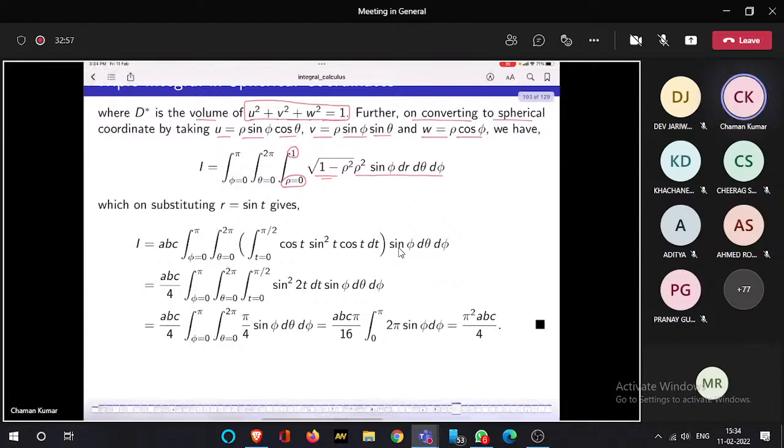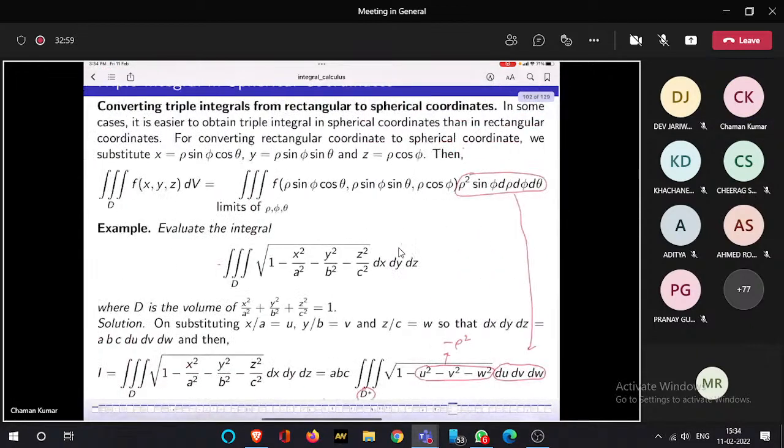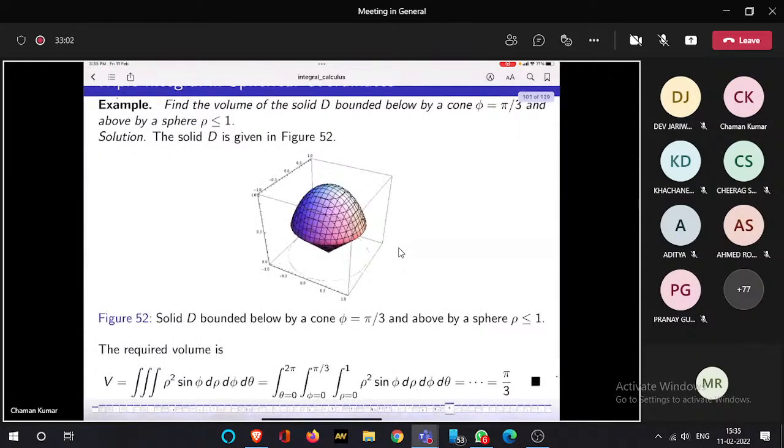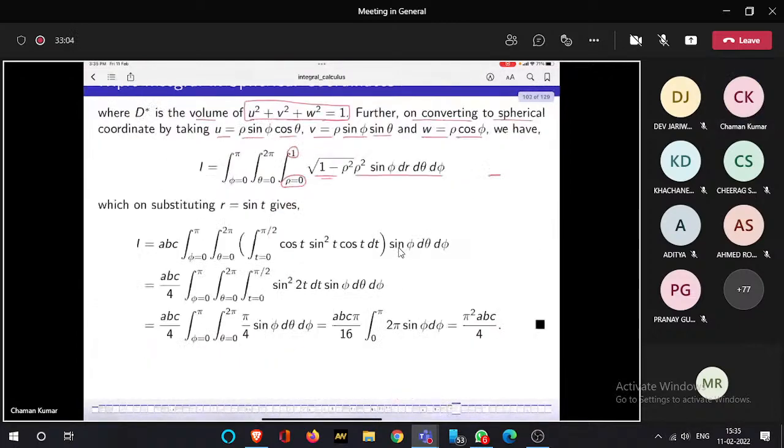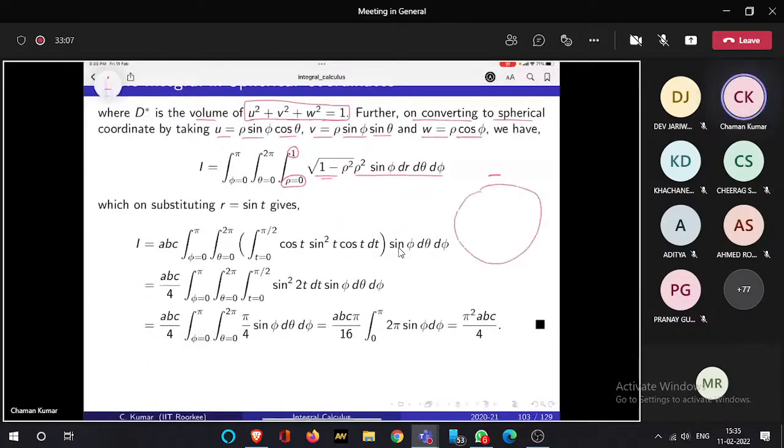I do not have too many pictures to explain. So you have this sphere, right? And let us say this is your z-axis. So you start a ray from the z-axis and then rotate this. When you rotate this, to cover the entire sphere, you have to come up to this point, given the value of theta is fixed.